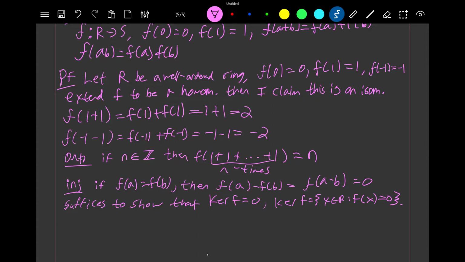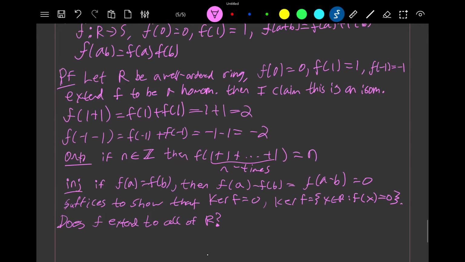And basically what it boils down to is we talked about extending this homomorphism f, and the question is, does f extend to all of R? And that is kind of the question.